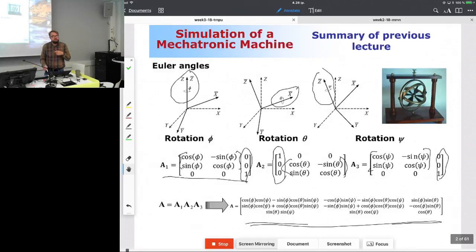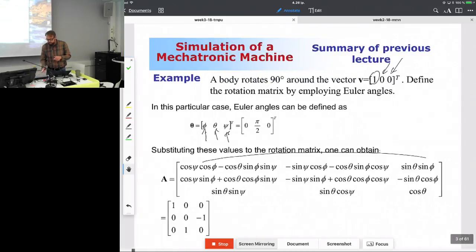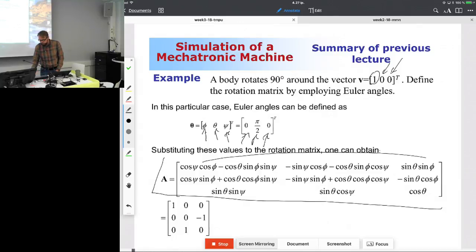It's exactly the amount the system rotates, so it's going to be pi divided by 2. The final rotation again has to be equal to 0. So these are our angles, and then we simply substitute them into this monster, which is the 3x3 rotation matrix based on Euler angles.